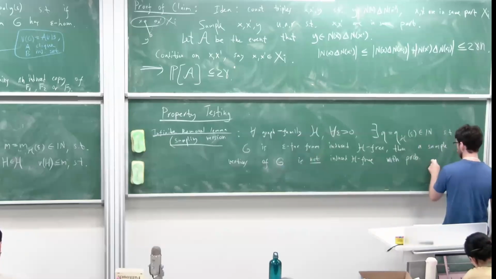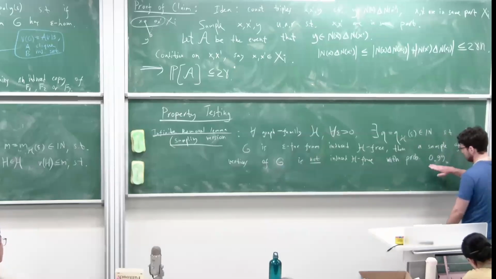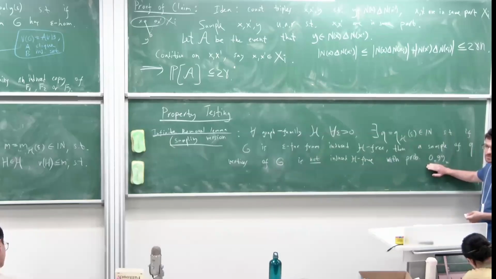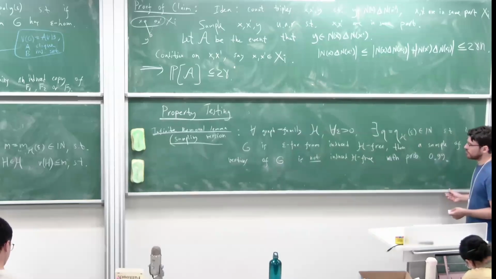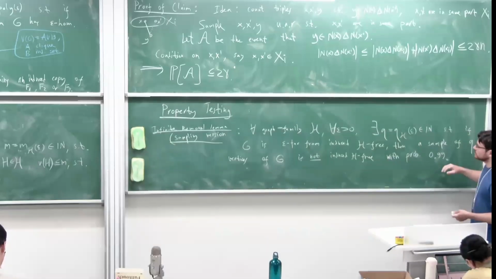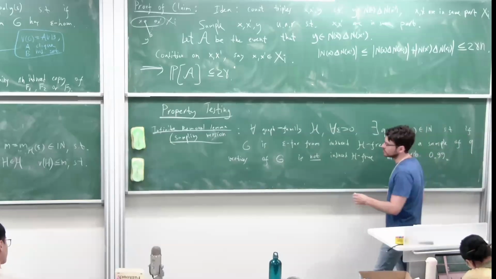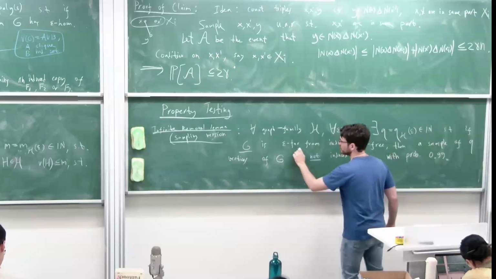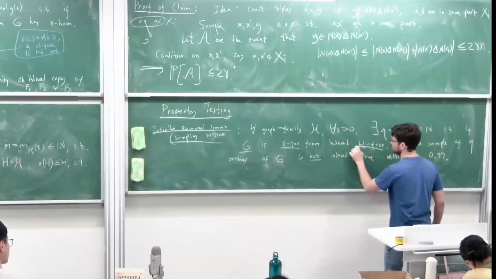So let me write here 0.99, but you can make this probability as large as, you can make this any constant close to 1 if you want. Okay, so let's go over the statement. The assumption is the same: you have some graph which is far from being induced H3.